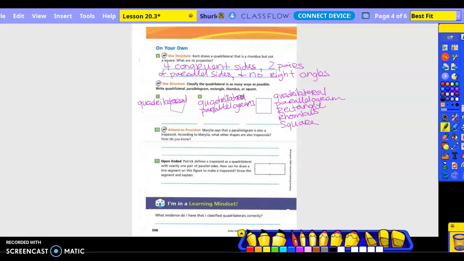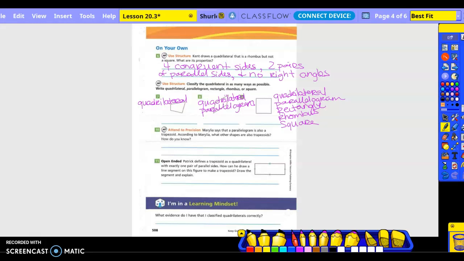Attention to precision, number 10. Maria says that a parallelogram is also a trapezoid. According to Maria, what other shapes are also trapezoids? How do you know? So basically, a square, a rectangle, or a rhombus, because they all have what?